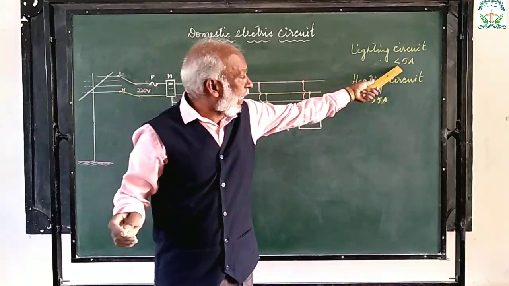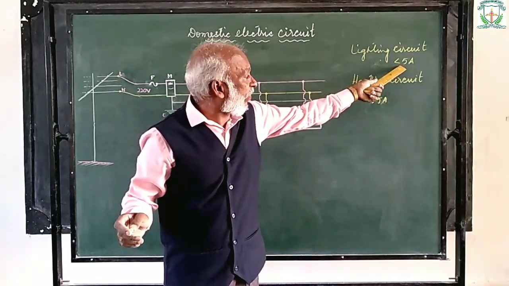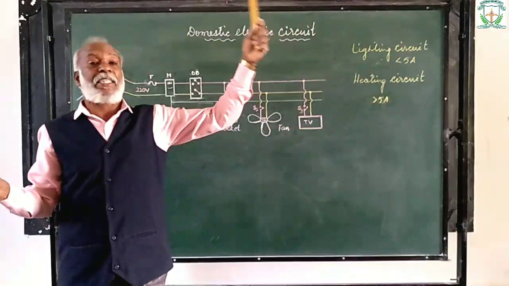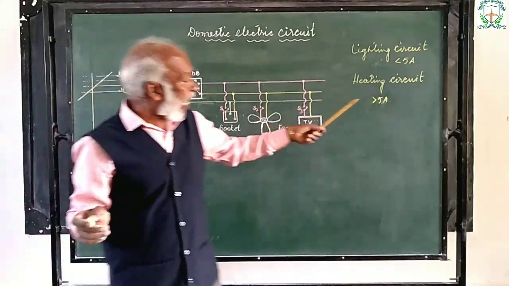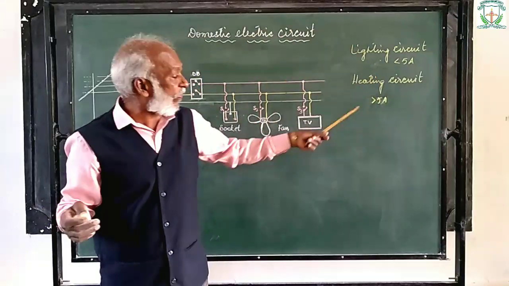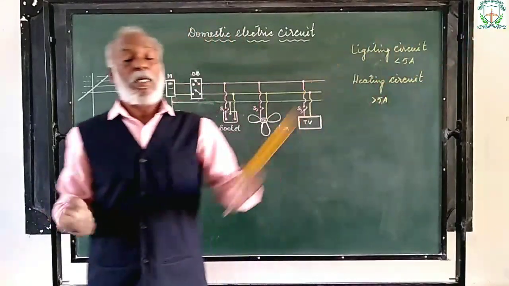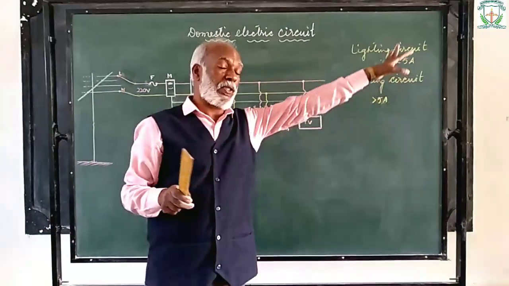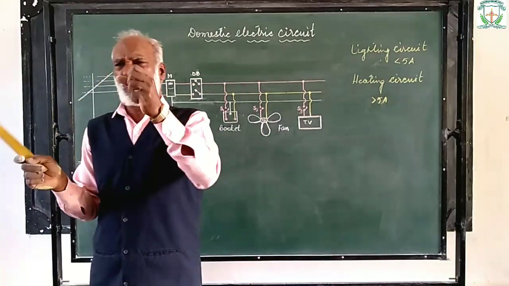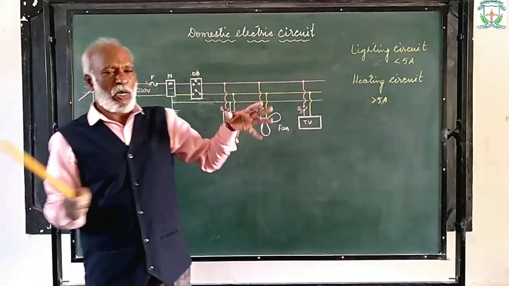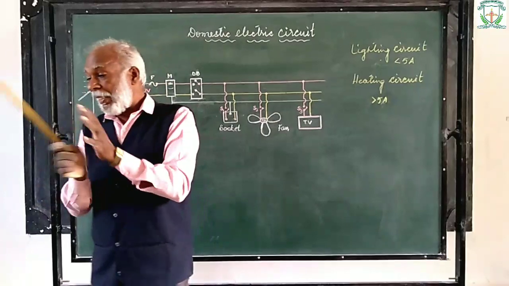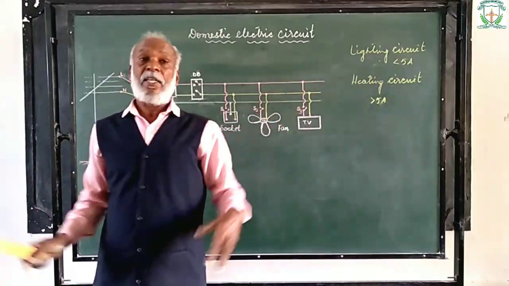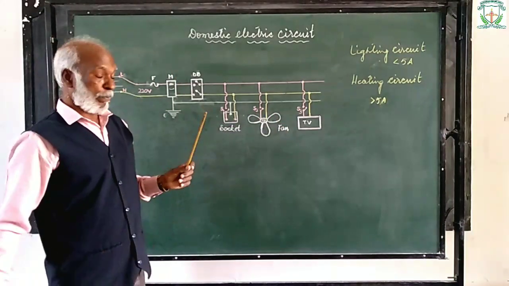Those devices which draw less than 5 amperes of current are connected to the lighting circuit. The devices which draw more than 5 amperes of current are connected to the heating circuit. So two circuits. Usually you will have lighting and heating circuits separated in the domestic wiring.